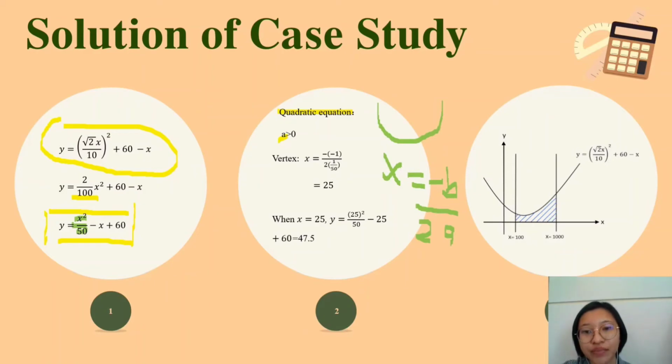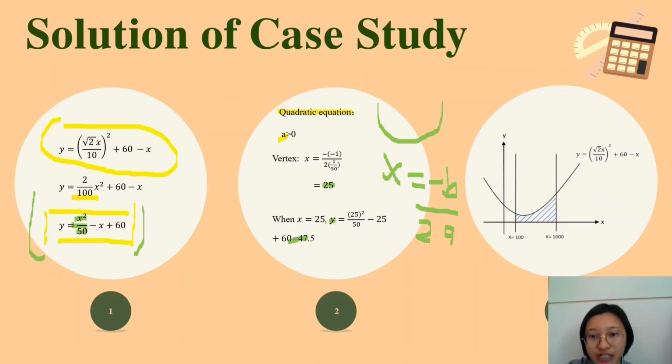Okay, so b is negative 1 and a is 1 over 50. So x equal to negative, open bracket, negative 1, over 2 times 1 over 50. We will get lastly x is 25. To get the y coordinate, we just need to substitute x into the function: 25 squared over 50 minus 25 plus 60. Lastly, we will get 47.5.